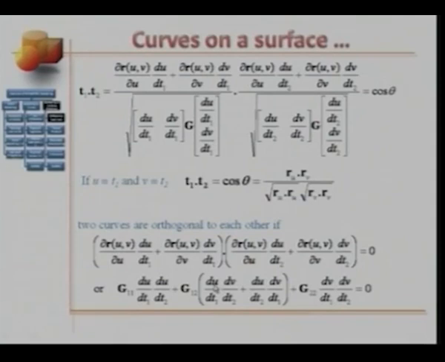Here we have du over dt1 times dv over dt2 plus du over dt2 times dv over dt1 plus g22, which is rv dotted with rv, times dv over dt1 times dv over dt2. This is a general expression. Here we are not assuming that u is t1 and v is t2. For the two curves to be orthogonal, this dot product between the two tangents has to be equal to 0.